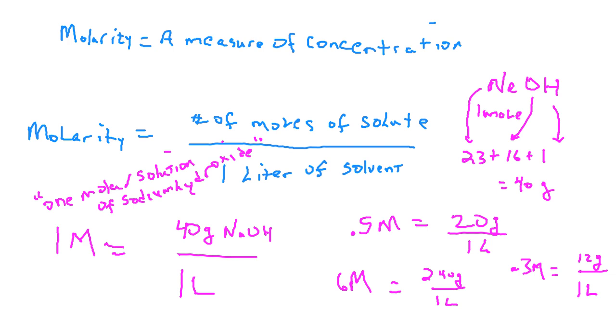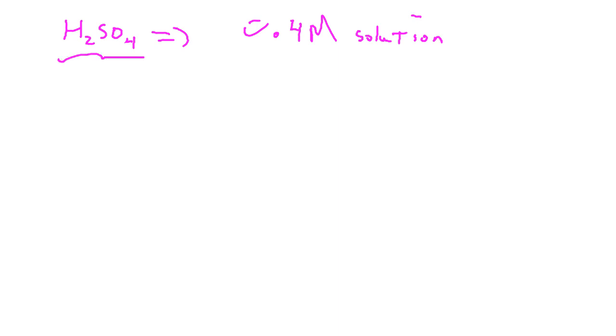Suppose, let's do one more. Suppose I wanted to know how many grams of H2SO4 I need for a 0.4 M solution of this stuff. Well, first we have to get the mass of 1 mole of this. Again, aqueous, it's sulfuric acid.